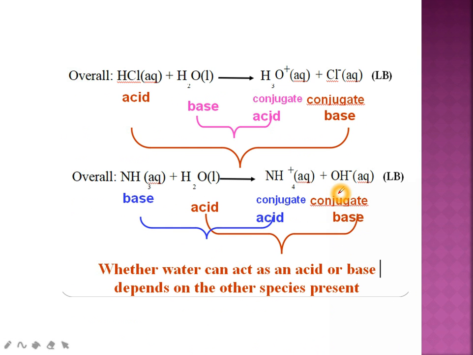And this can be explained better with the help of the concept of conjugate acid and conjugate base. An acid is a substance that will donate an H+ ion, and a conjugate acid is a substance that will accept an H+ ion. A base is a substance that accepts an H+ ion, and a conjugate base is a substance that will donate an H+ ion.